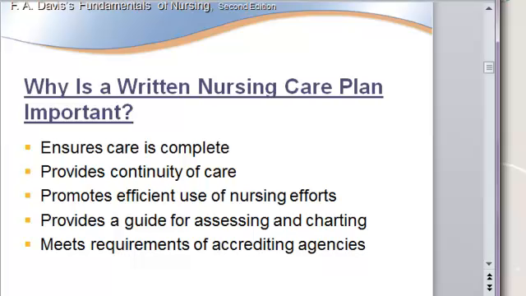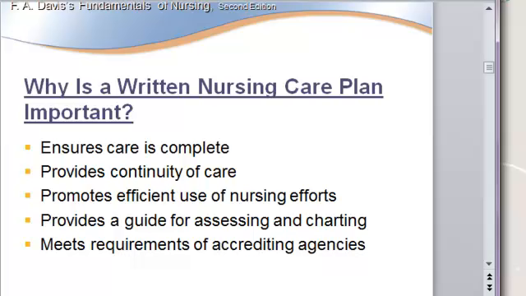It's almost on the same level as that. I need to make sure as an instructor that your teaching is adequate, your teaching is fair, your teaching and your learning is organized. So it's the same thing as a written nursing care plan. It ensures that care is going to be complete for the patient.